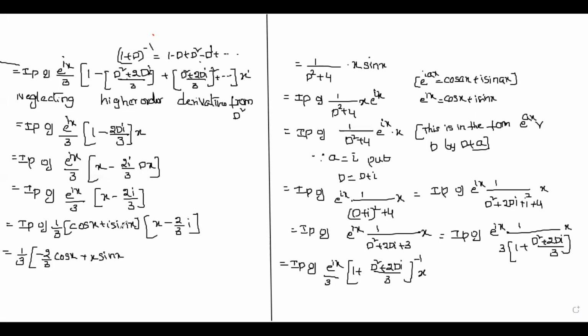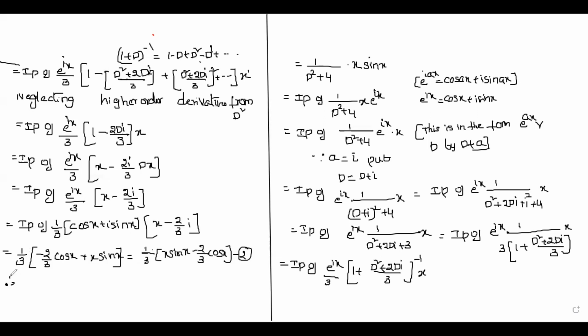Before writing the solution, please be careful: you have to collect only the imaginary part. We are not concerned about the real part. Therefore, the particular integral will be equal to 1 by 3 into x sin x minus 2 by 3 cos x. This is our particular integral 2.